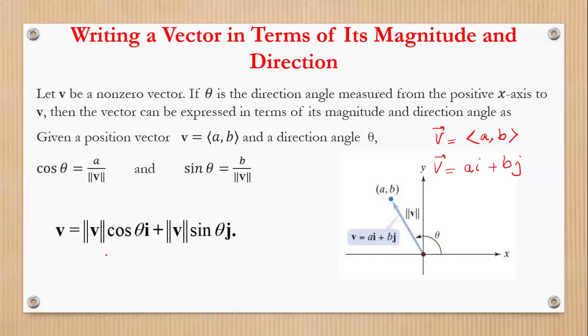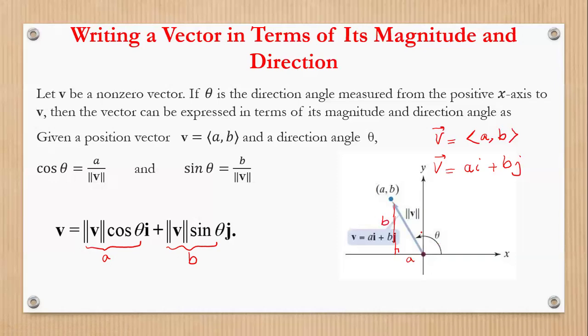That means I need to use some trigonometric functions to show a and b. Right now in this formula, this is my a and this is my b. And how can we find them? If you look at this right triangle over here, this is the a and this one is the b.